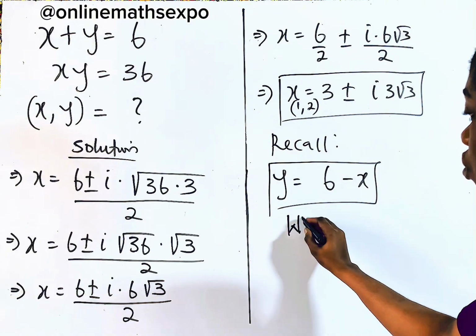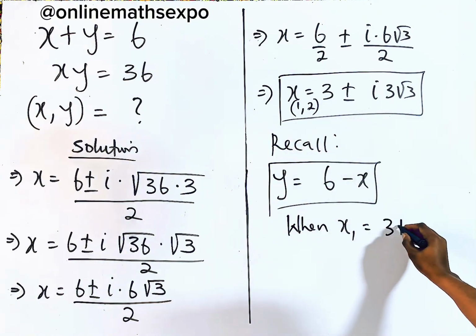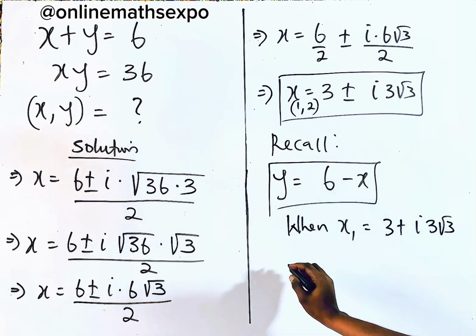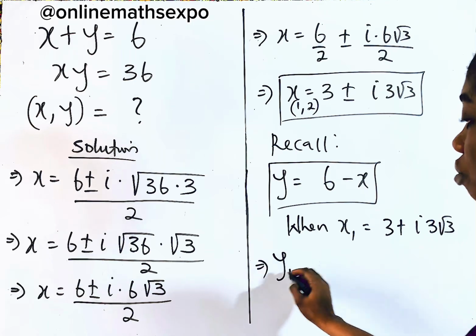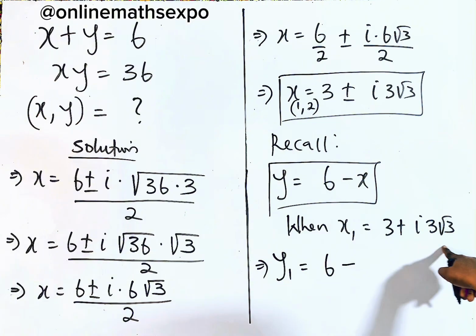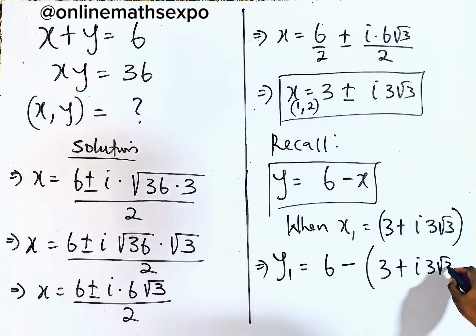So we now have, when the first x is 3 plus i 3 root 3, what do we have? We're going to have the first value of y will be 6 minus, this x is an expression, put it in brackets, so we're going to have 3 plus i 3 root 3.